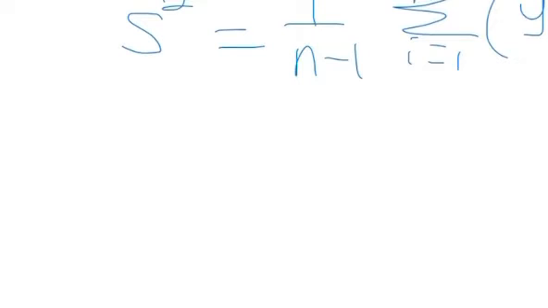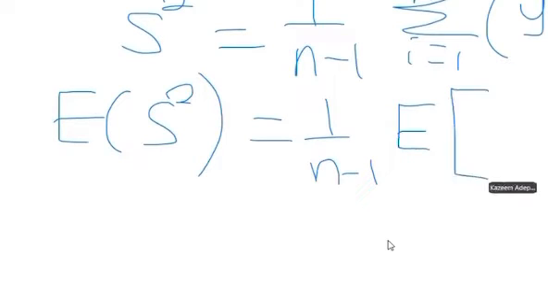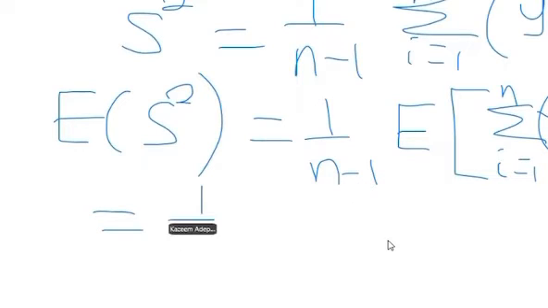Let's take the expectation of both sides. 1 over n minus 1 is a constant, so it comes out of the expectation.